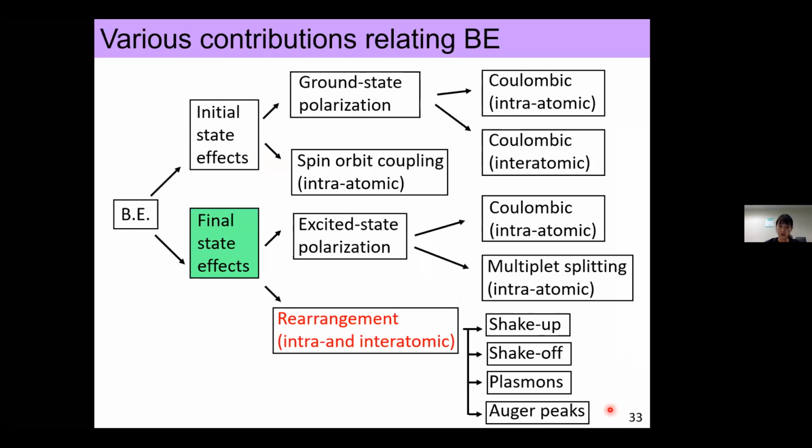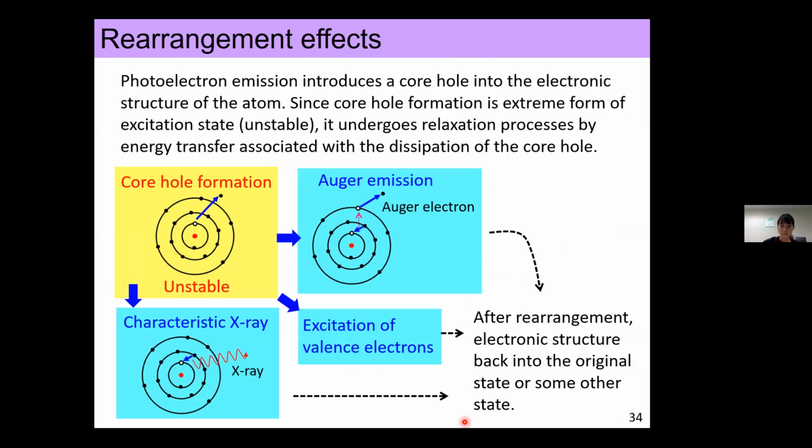Next, let's move on to rearrangement effects. Rearrangement effects consist of these four things: shake up, shake off, plasmons, and Auger peaks. Before going to the detail, I will briefly explain rearrangement effects.